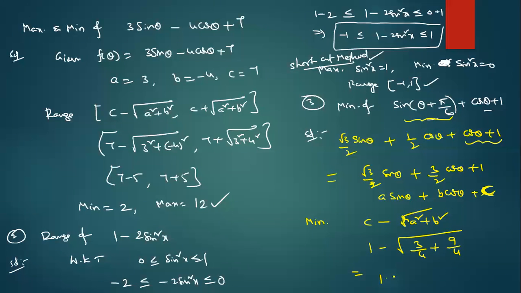Dear student, see, 1 minus root 12 by 4. So the answer is 1 minus root 3. What is the maximum? 1 plus root 3. Maximum is c plus.